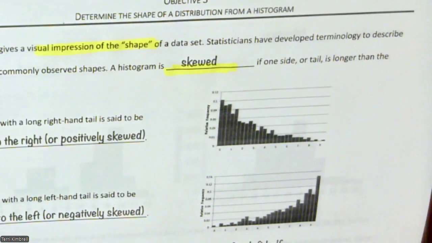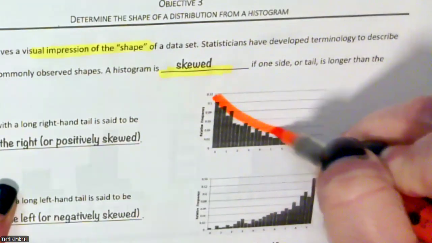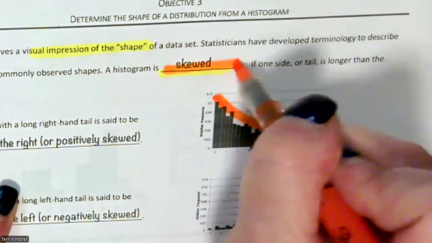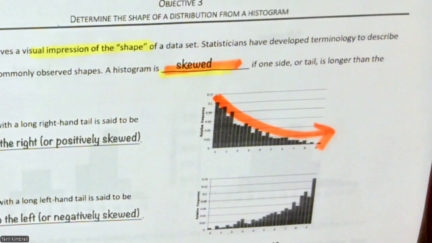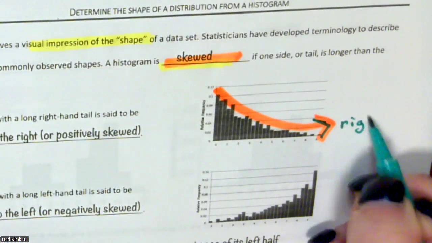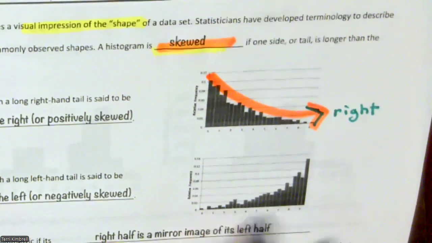So if you notice here, when you draw this, this would be skewed, okay? And it would be skewed to the right because the tail right here is going to the right.